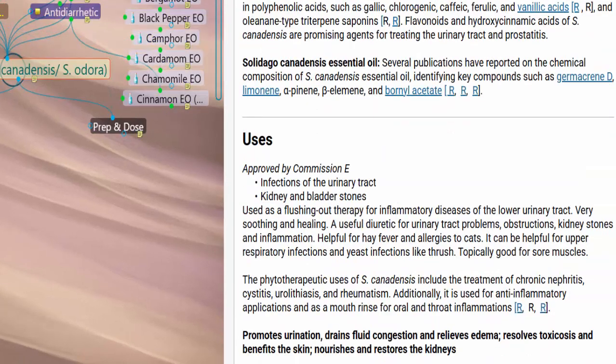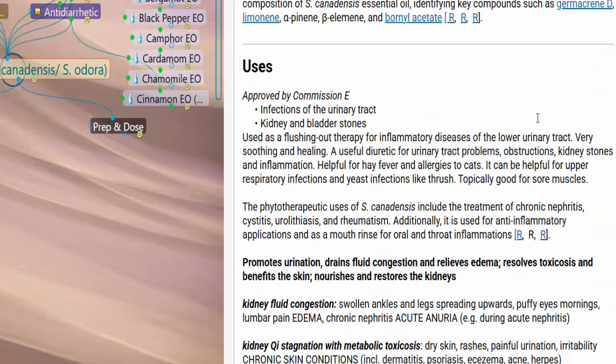Now, in terms of uses, the German Commission E, many of you will know what that is. In Germany, they are still big on the use of herbal medicine, and they have something called the Commission E, which does thorough research to determine what you can actually count on an herb to do. So they're saying that yes, you can count on goldenrod to treat infections of the urinary tract and kidney and bladder stones.